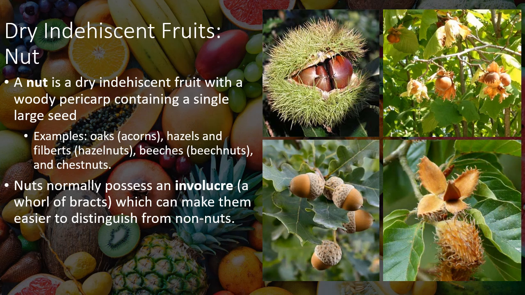Beeches are interesting because their involucres actually peel back to release the nuts. We can see that there's one nut inside of this involucre, which is split open. And then we have a couple of other involucres, or whorls of these modified leaves or bracts, that have not yet split open to release the nuts.